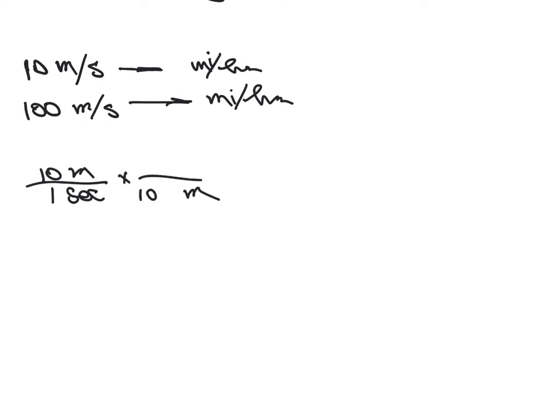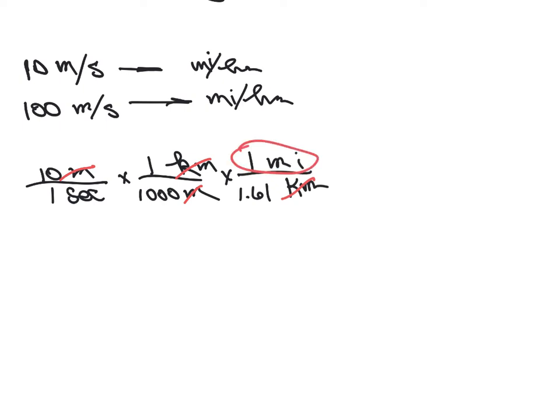So I'm going to convert to kilometers because I do know something about a kilometer. So that and that cancel. But that's not what we want. We don't want kilometers per second, so we keep going. Put kilometers down here. And I do know that there are 1.61 kilometers in 1 mile. So therefore, I'm done with my distance because that's what I'm looking for, miles.